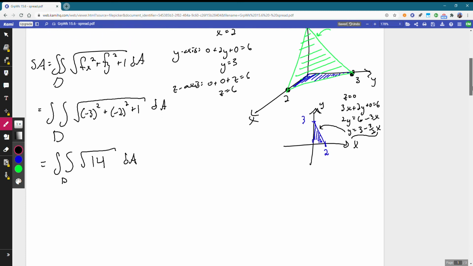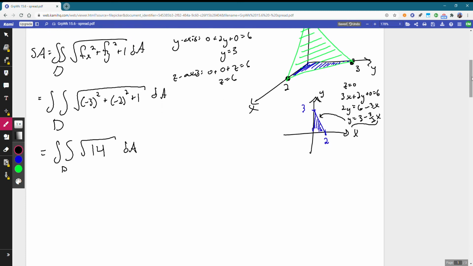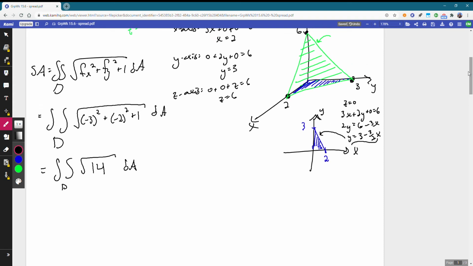And at this point, let me show you a slick way to think about computing this integral where we don't integrate at all. One way is noticing that this root 14 is a constant. We can slide it out front, and what's left, we could just write in the 1.